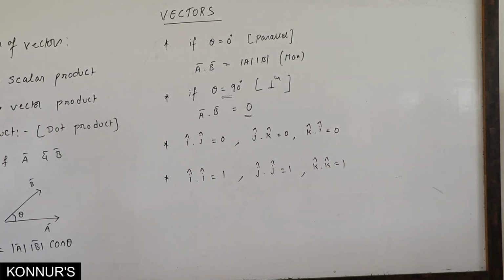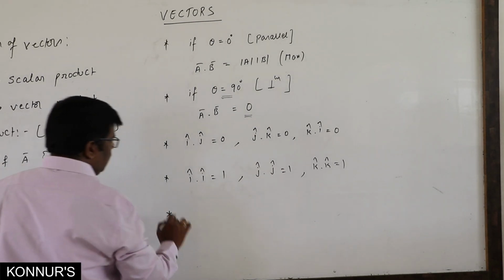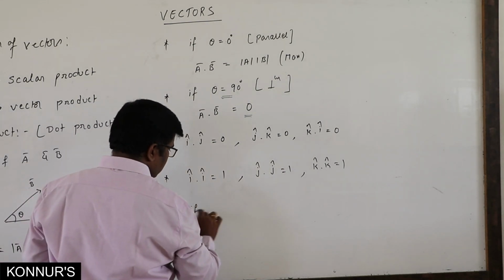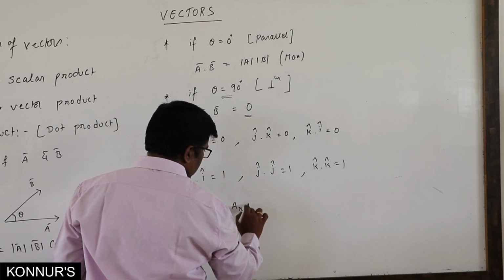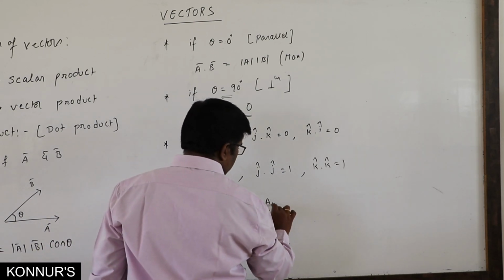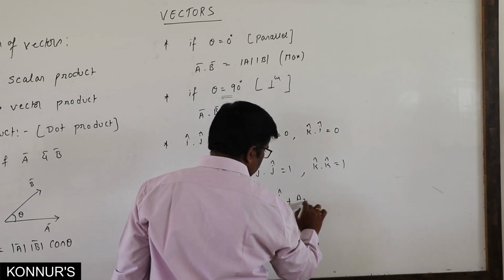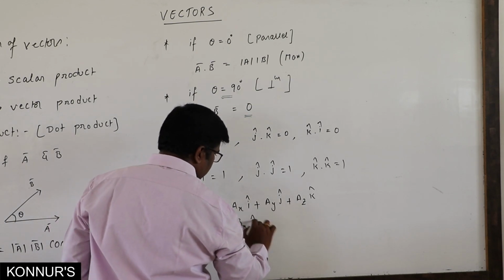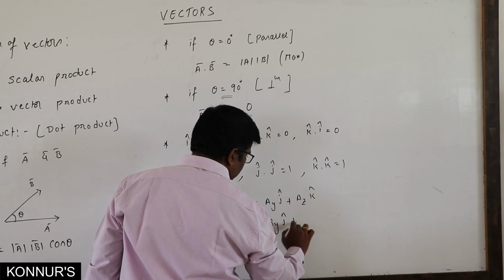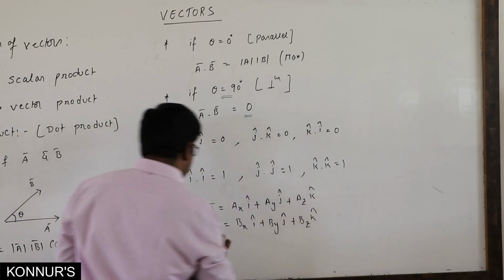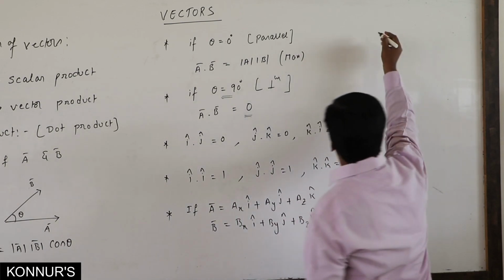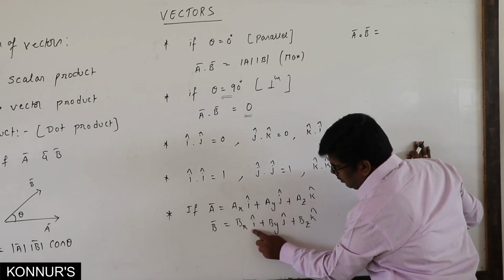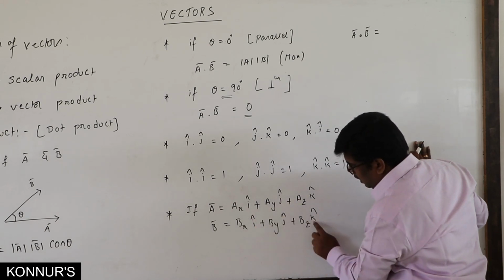And also you can determine the dot product this way. If two vectors are given, A bar equal to Ax i cap plus Ay j cap plus Az k cap, and B bar equal to Bx i cap plus By j cap plus Bz k cap. To determine A bar dot B bar, i dot i means 1, but i dot j and i dot k will be nullified.